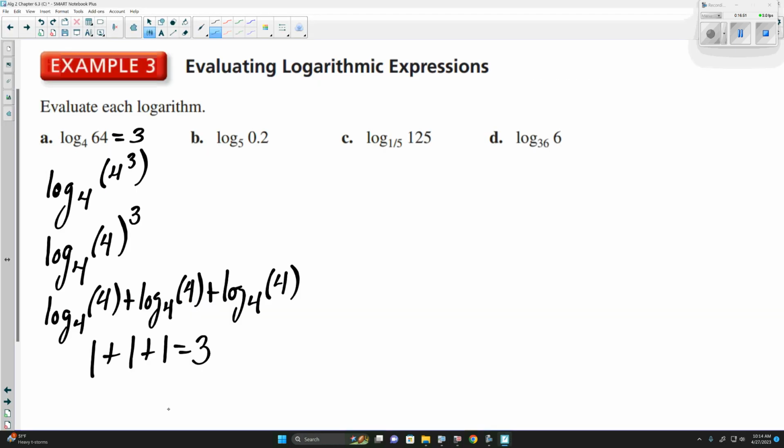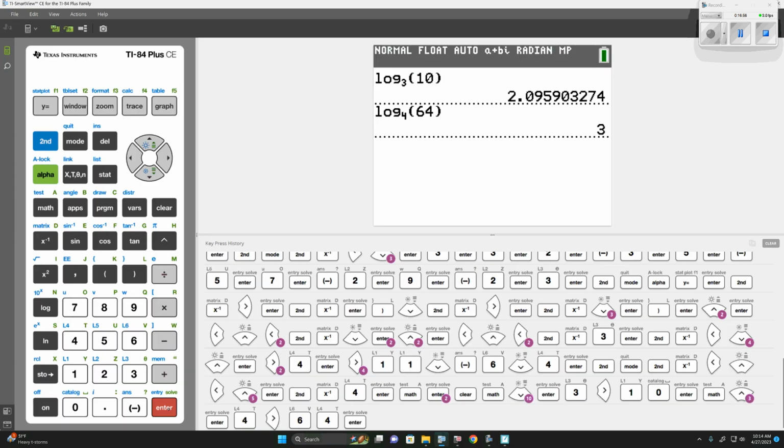And we could use the properties here. So log base 5 of 0.2, I can get the calculator and say log base 5 of 0.2 is -1.